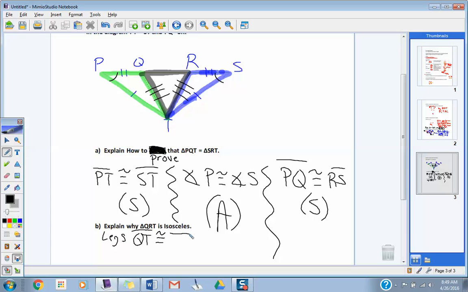RT. Therefore, if you have 2 legs that are congruent, what kind of triangle do you have? Isosceles, right? So that makes triangle QRT isosceles. Triangle QRT is going to be isosceles there. Okay?